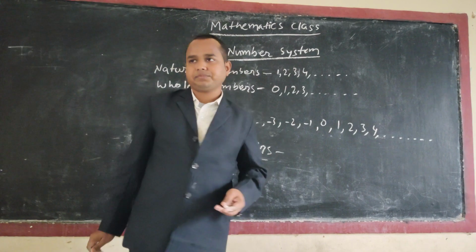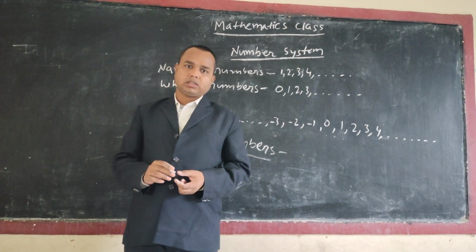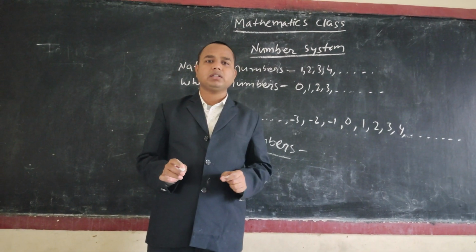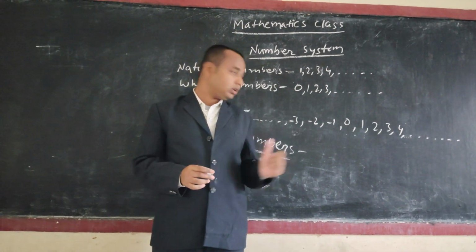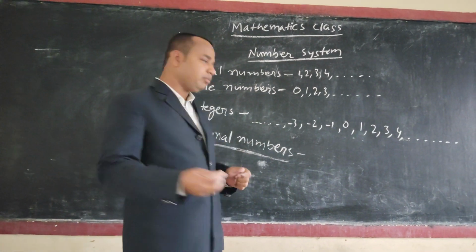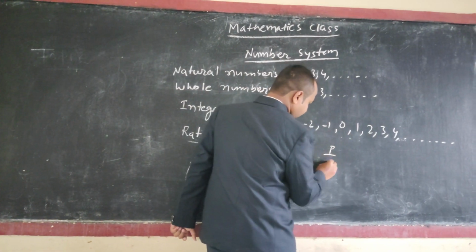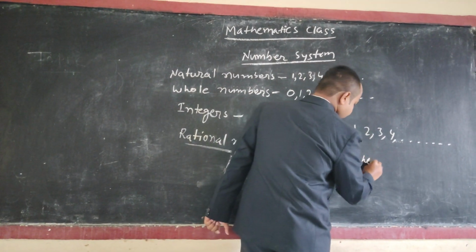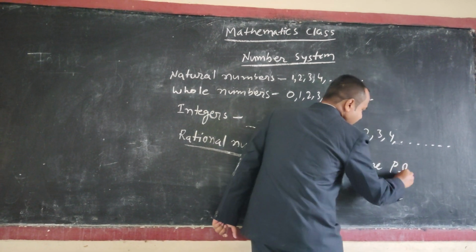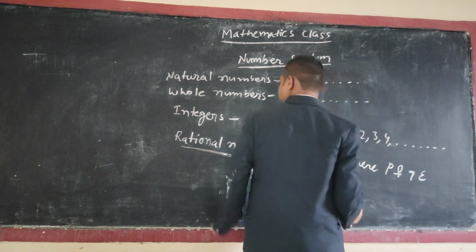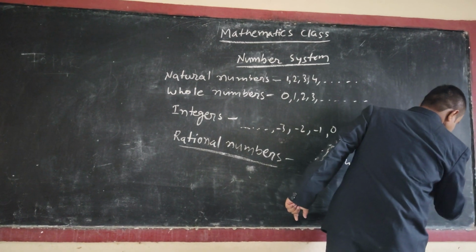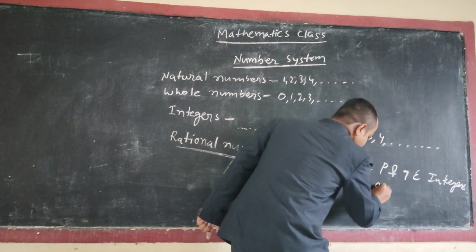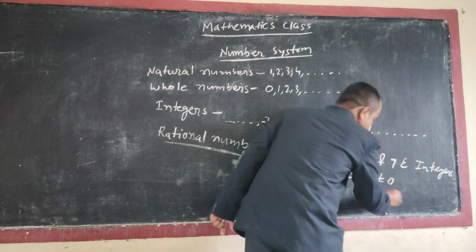So we know that any number that can be expressed in the form of p by q is called a rational number, where p and q belong to integers, but q must not equal 0.